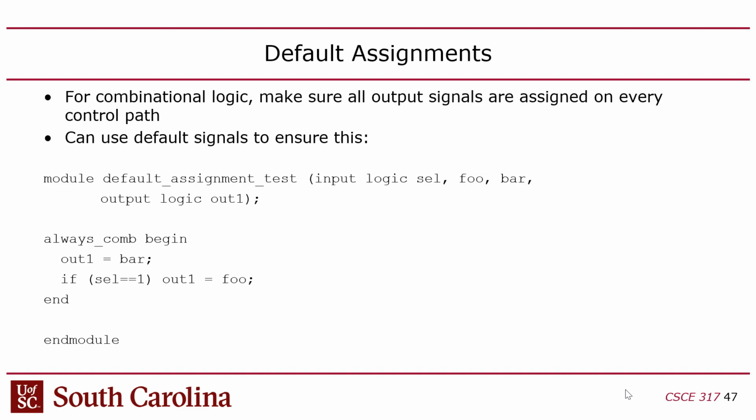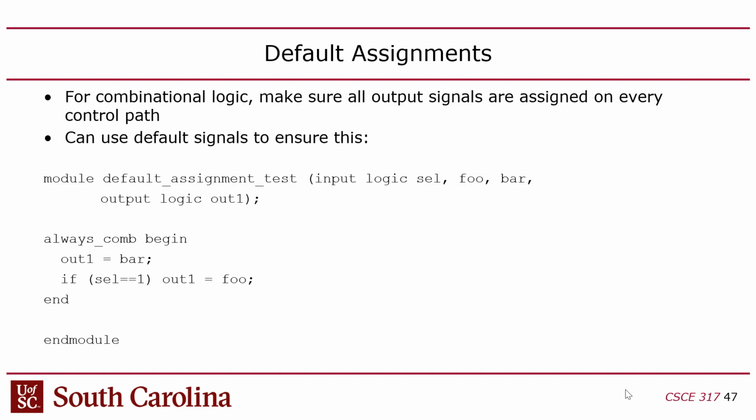I mentioned that an always statement can be used for sequential logic or complex combinational logic. And again, sequential is clocked, combinational is not clocked. So if we build this always_comb, which is also the same as always @(*), if you see that notation, it just means that if any of the signals that are treated as inputs inside the always block change, it activates the always statement.